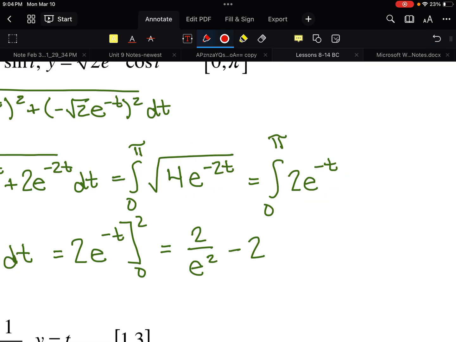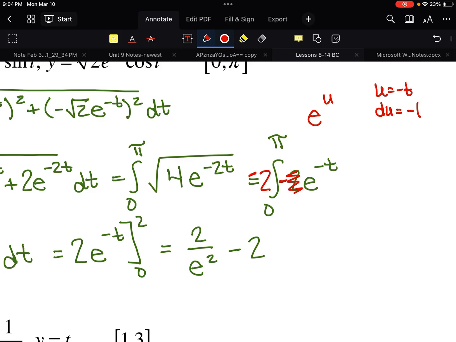And then if that's like e to the u, where u is negative t, then du would be negative 1. So I'm going to take that 2 and move it out here out of the way. I need a negative 1, so I'll put some negatives in there to balance it out.